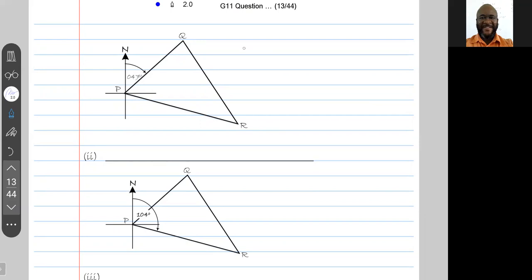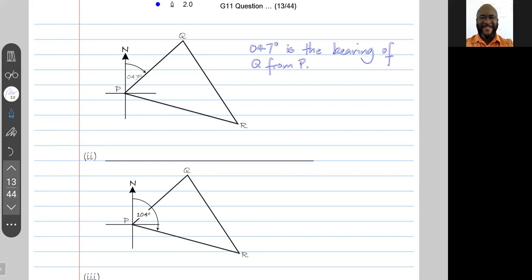Guys, the angle 47 degrees is the bearing of Q from P. How do I know it's from P?